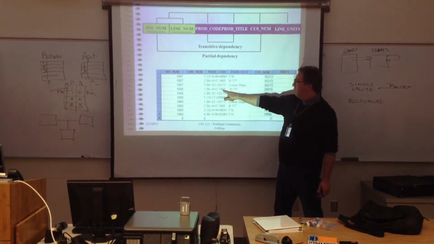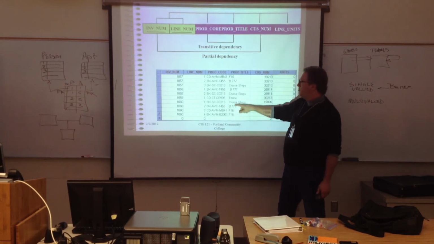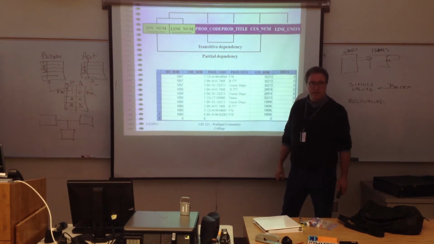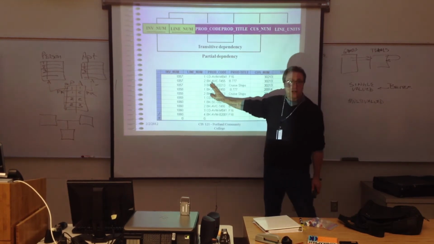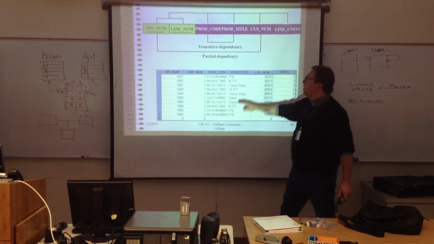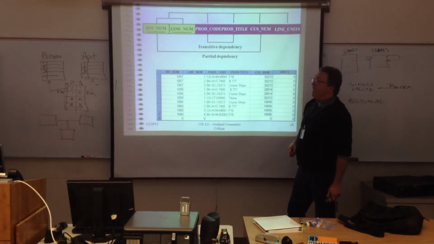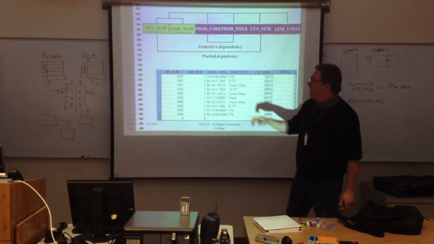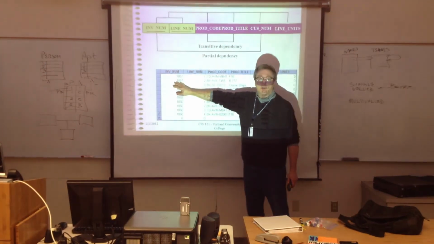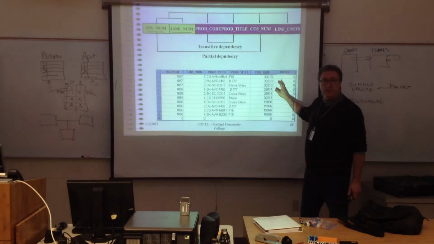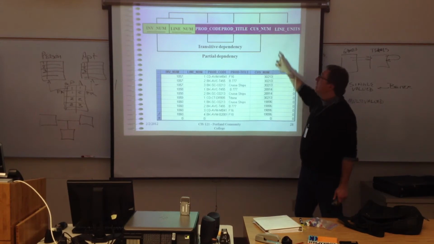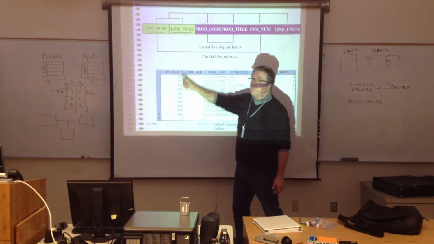T40, T455, T455, they're both B777. I don't need to know the name of this product if I've got its code. So I've got this transitive dependency inside. And like I said in the last slide, if I've got an invoice number, I know the customer number. I don't need to have that in the table. I've got a partial dependency.